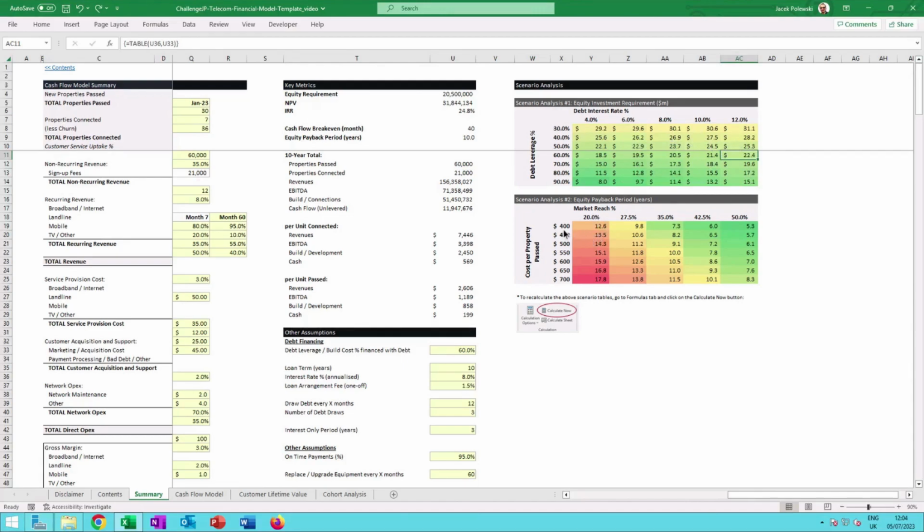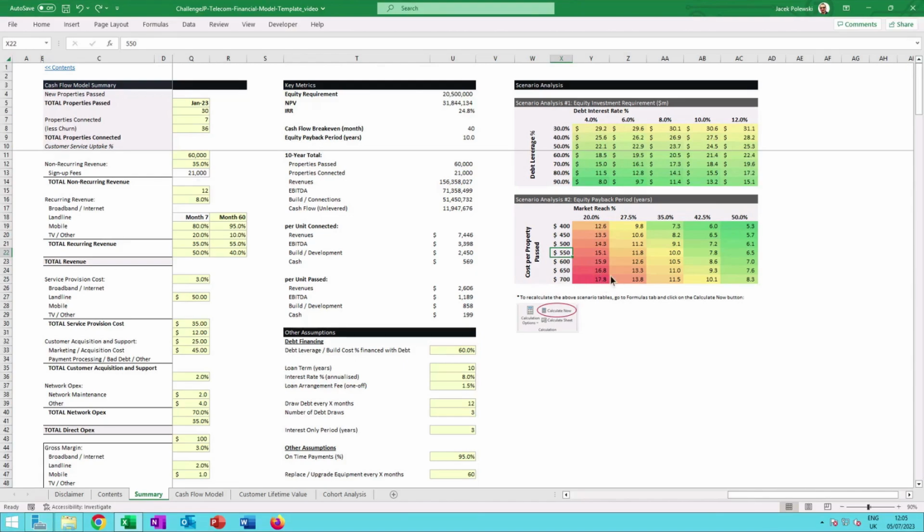And then similarly, for example, if you want to stress test your assumptions around the build cost. Previously we looked at the cost per property passed when we're calculating the Capex. So you can see, okay, what will happen to my equity payback period, for instance, if I were to increase my cost per property.